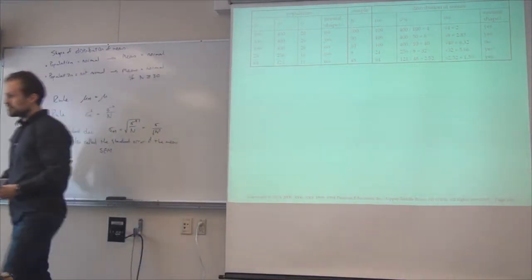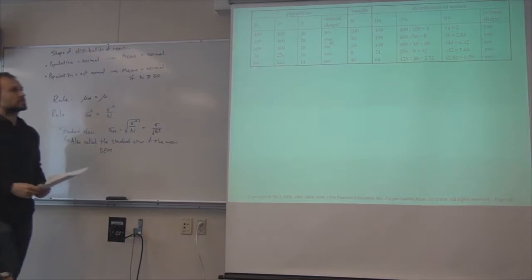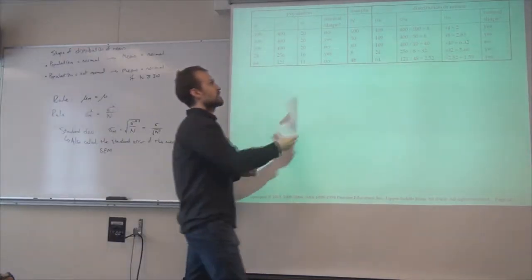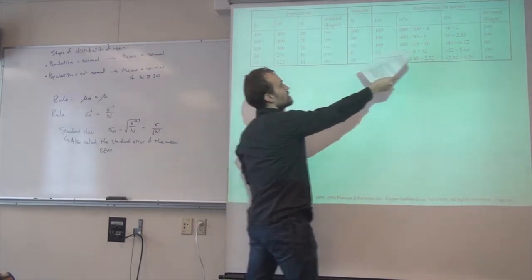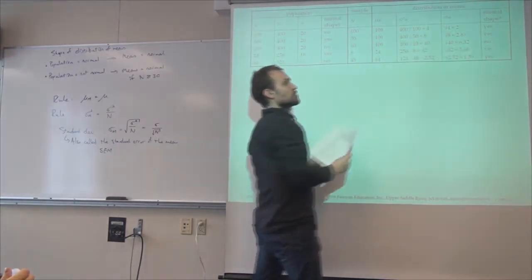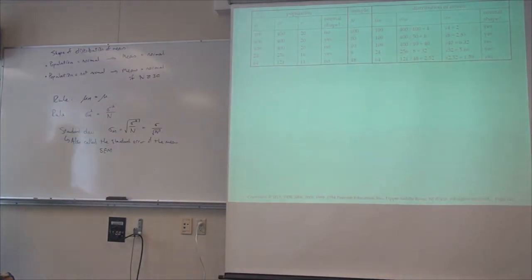If I have the same situation and the population is normal, well then I'm good. It doesn't even matter what the sample size is. The distribution of the means will be normal as well. Bell curve, normal shape.